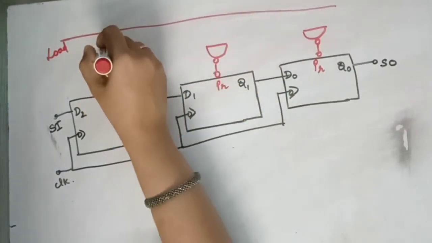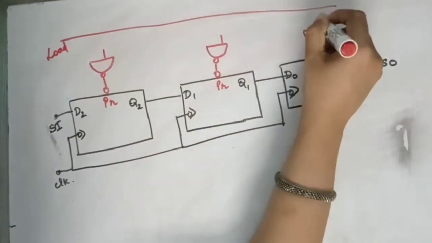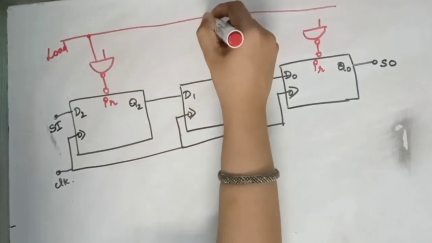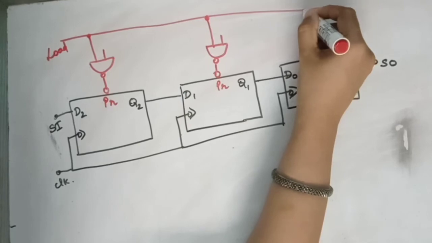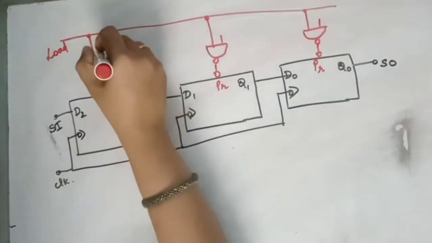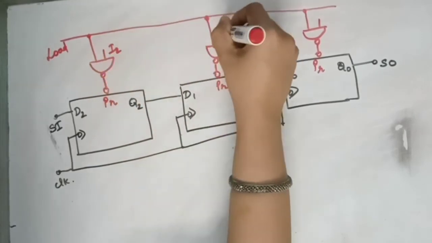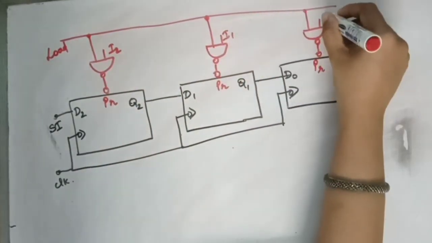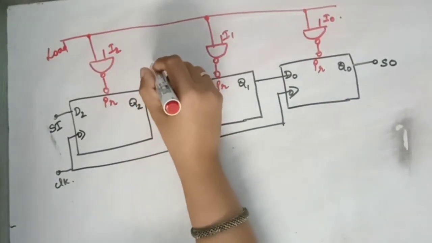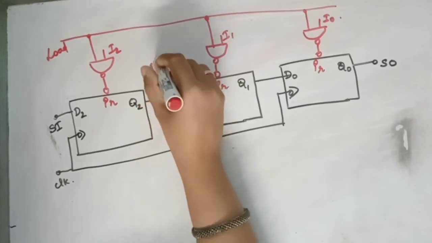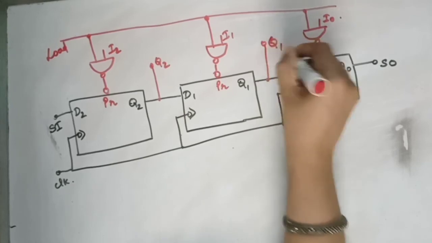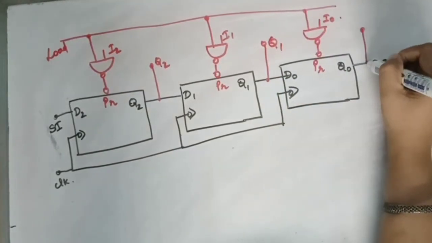So these are my parallel inputs I2, I1 and I0, my parallel outputs Q2, Q1 and Q0.